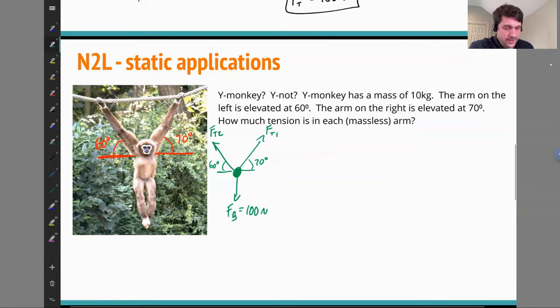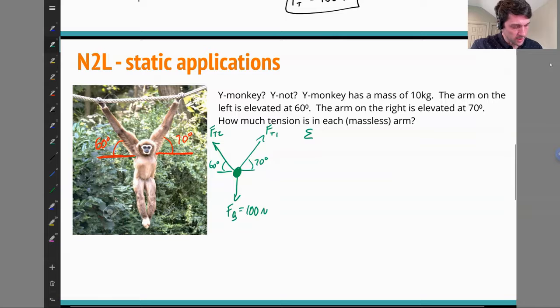In this case, we've got forces occurring in multiple dimensions. So I need to break this down, just like we did with projectiles. We break things down into X and Y. We're going to do the very same thing here. I'm going to consider the forces in the X direction, and I can tell that this monkey is at rest.